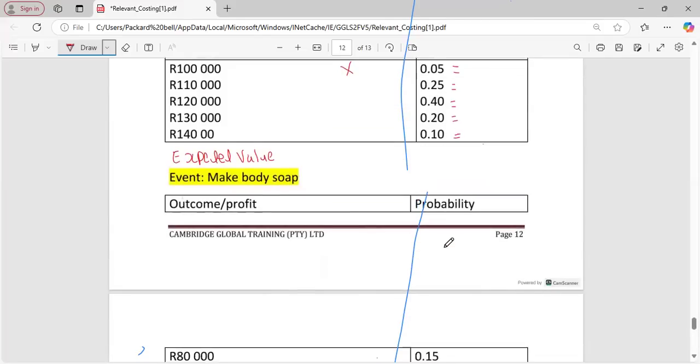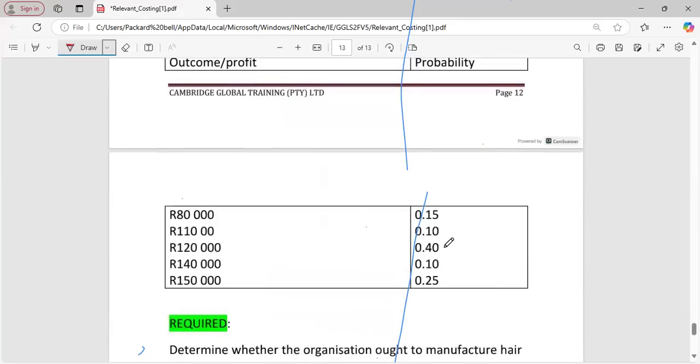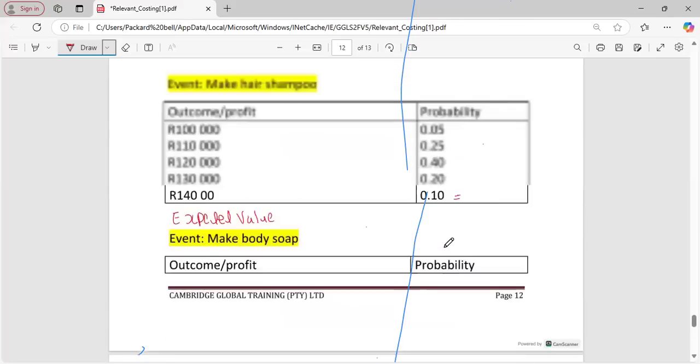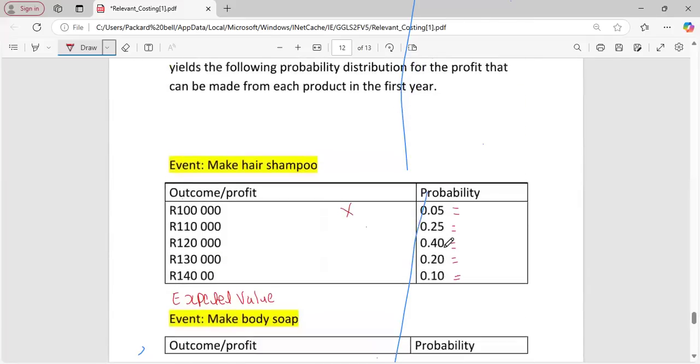The one that is higher is the one you are going to take. It's still a decision, so we take the one that is going to give us more income. When you are given this kind of probability, you need to determine the expected value. So let's do it together and see, are we going to make hair shampoo or board soap?